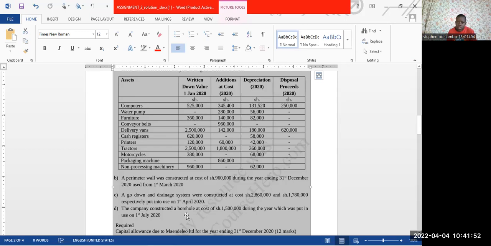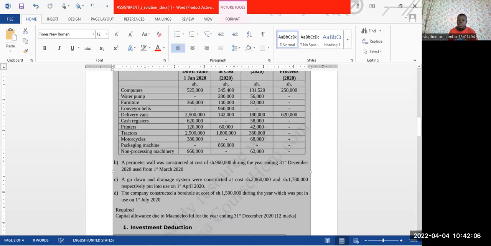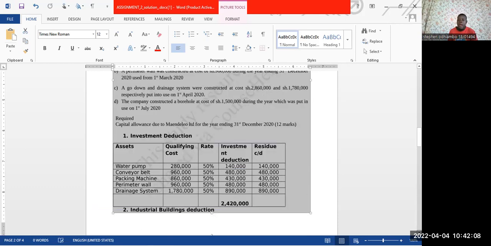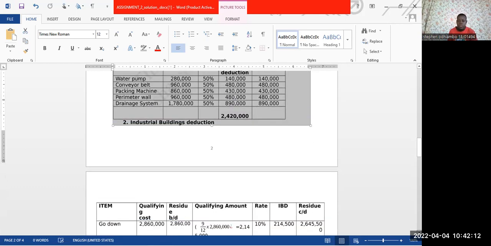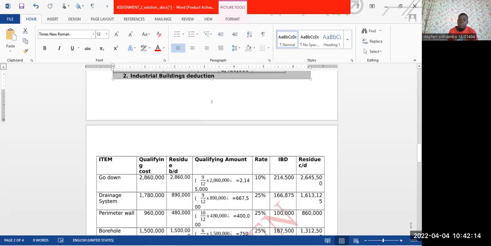The company constructed a borehole at a cost of 1,500,000 during the year, which was put into use in July 2020. So under industrial building deduction, we have the qualifying cost, residue, qualifying amount, rate, and that is all.